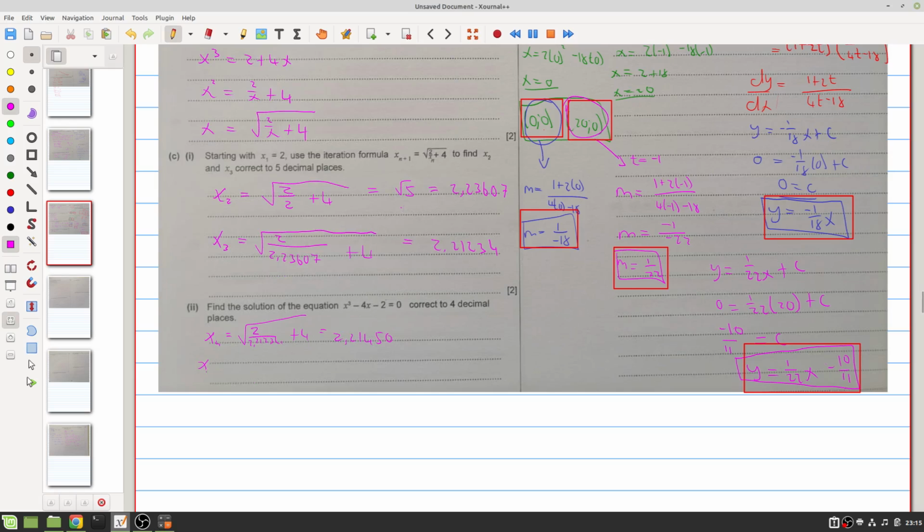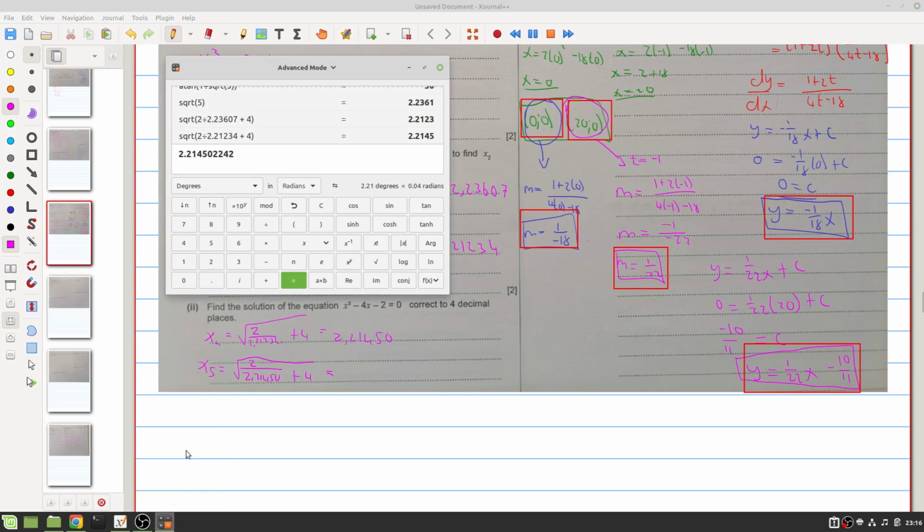Then x5 equals the square root, and we do the same thing, but now we use 2.21450 plus 4 and see what we get, until the first 4 decimal places round off to the same thing. So we change this to 2.21450.